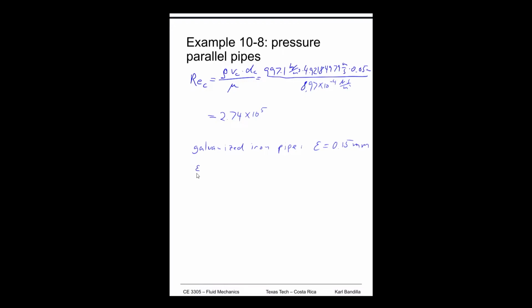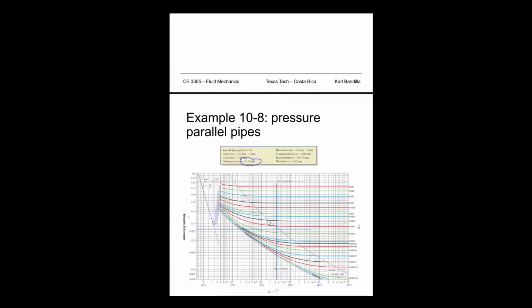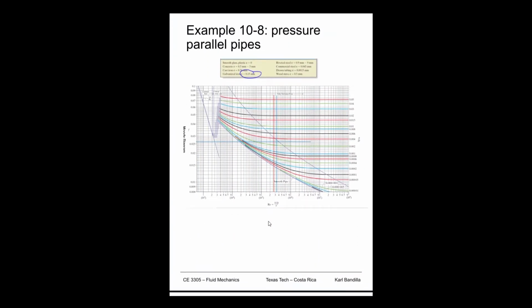That means epsilon over D is 0.15 millimeters divided by 50 millimeters, which is equal to 0.003. All right, good. So now we have the Reynolds numbers and we have the epsilon over D. So we can go into our Moody diagram, right?